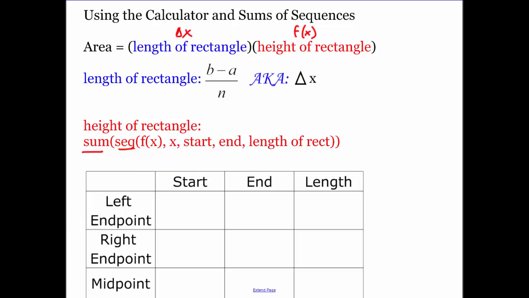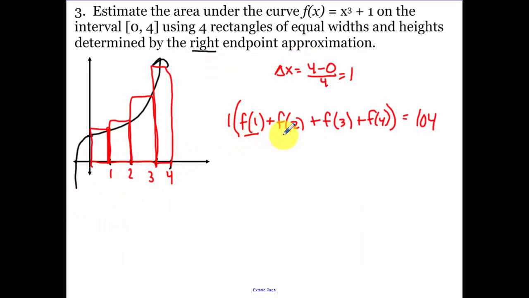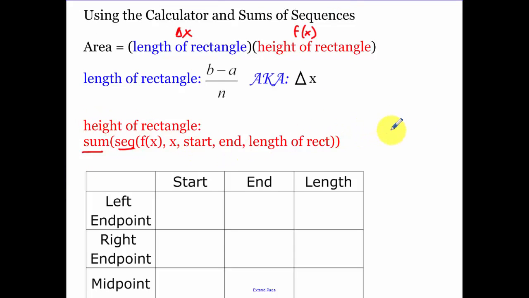If you think about it, each one of these is a sequence. It's adding together a bunch of integral terms where this is the function that we're trying to find the sum of. Okay, so this is the syntax you're going to write in your calculator. Make sure that when you type this in your calculator, you also multiply by delta x, and I'll go through an example of that.